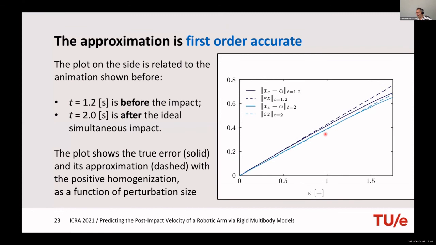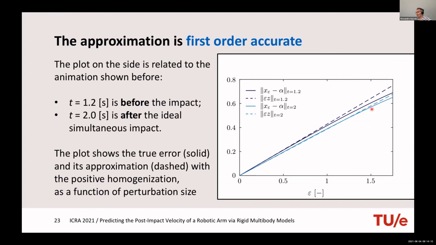That's the key result. If you take, for example, the difference between the nominal trajectory alpha and the perturbed one, the real one, the one with state trigger jumps with simultaneous impacts, and you evaluate, for example, at t equal 2 seconds, that is after the whole trajectory has occurred, then you get this blue curve.